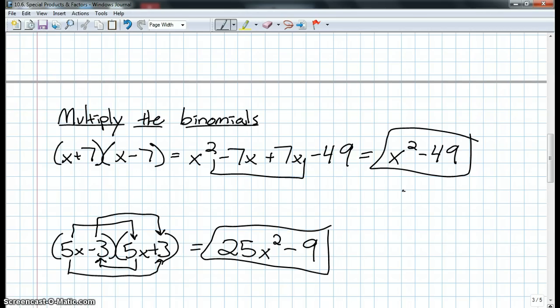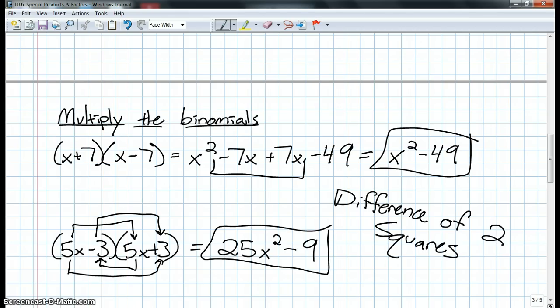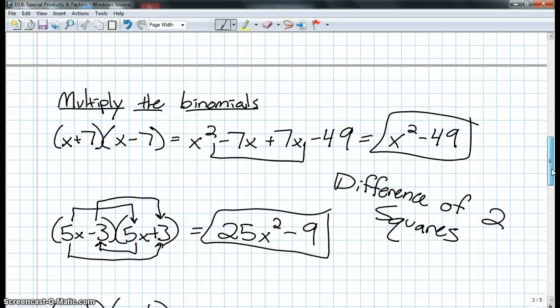And what we get is something called the difference of two squares. Because we have a squared term here, x squared, and a perfect square here in 49. Same thing here, 25x squared is a perfect square, and so is 9. We have a difference of two squares.